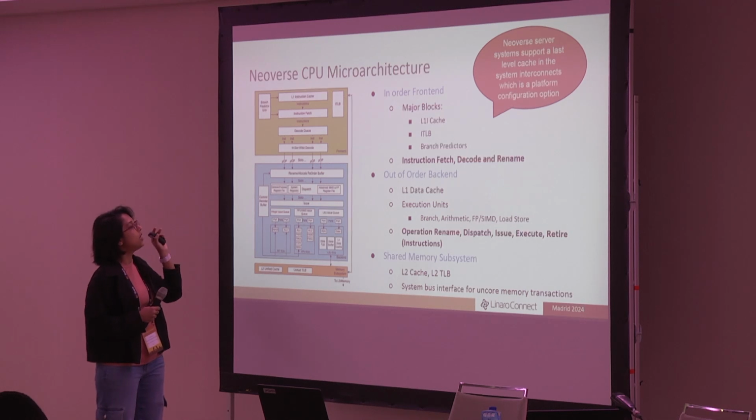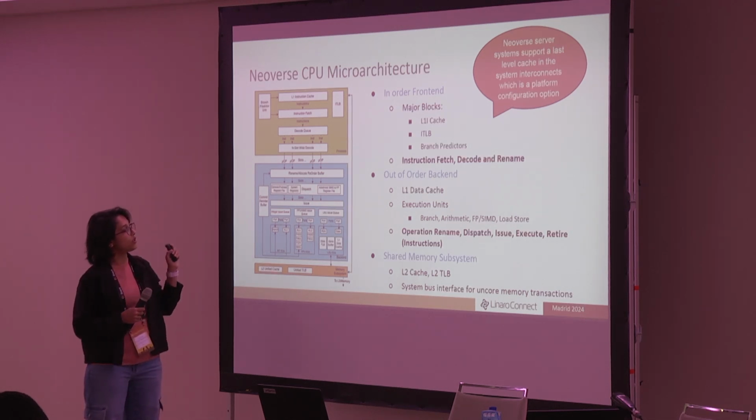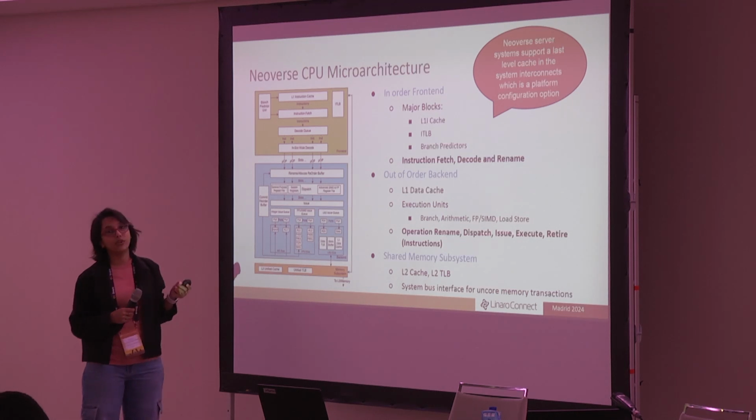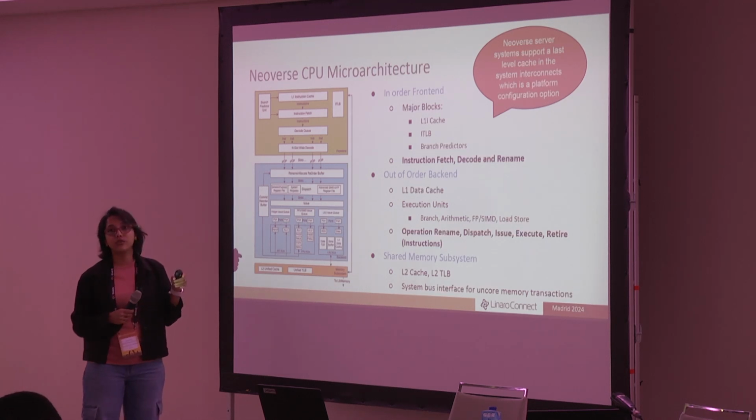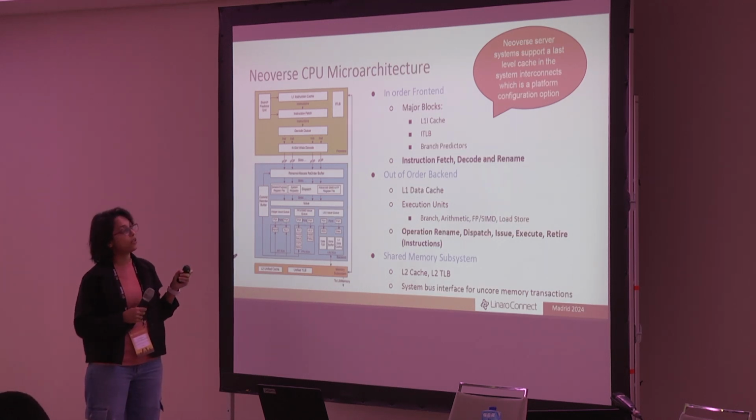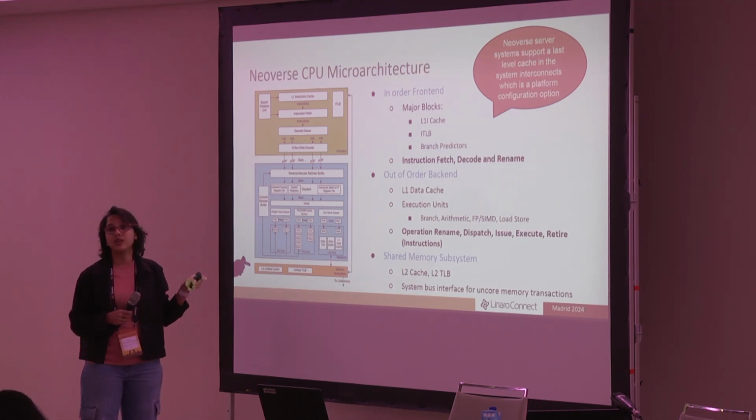So for example, here you have the integer issue queue, which issues all the arithmetic operations. The floating point or SIMD issue queue issues the instructions to the floating point unit or the vector units, and the LSU issue queue issues your instructions to the load store unit.